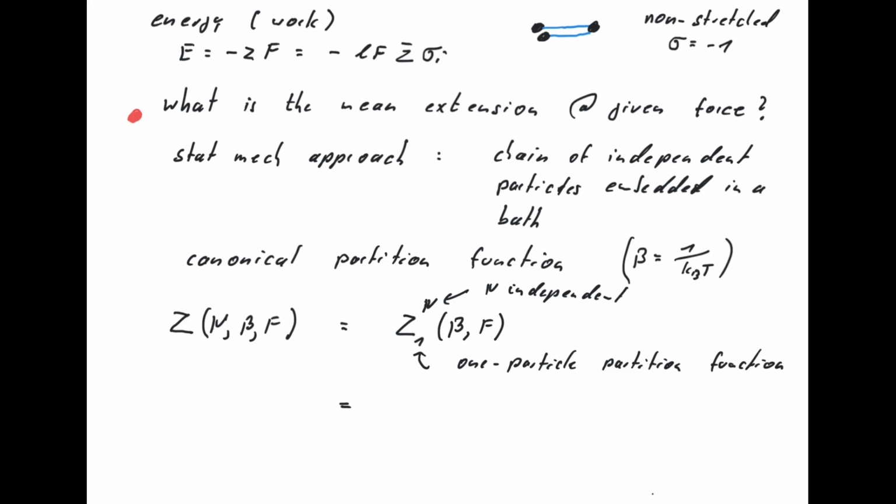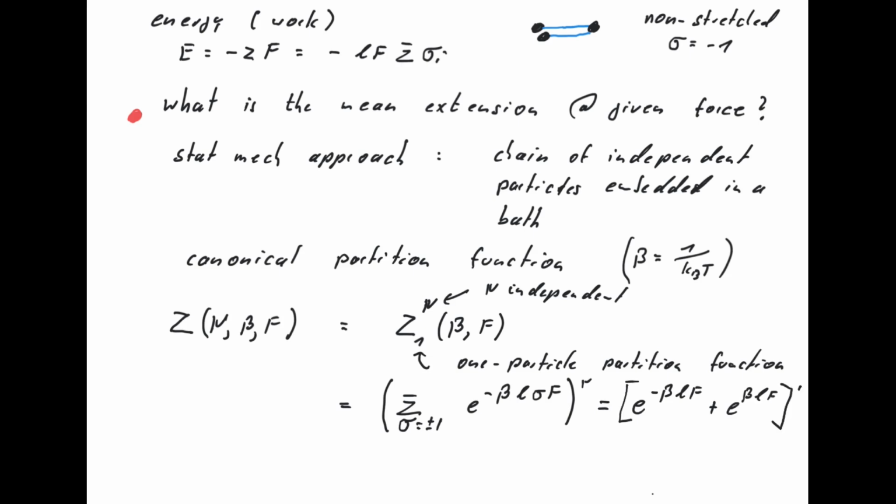Now, the single particle partition function is just the sum over the different values of sigma, which can be plus or minus 1, of e to the minus beta L sigma F, which is nothing else than e to the minus beta LF plus e to the plus beta LF.